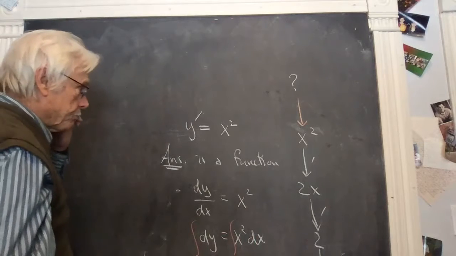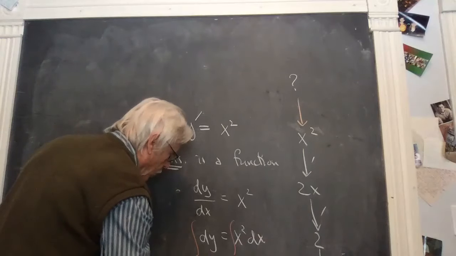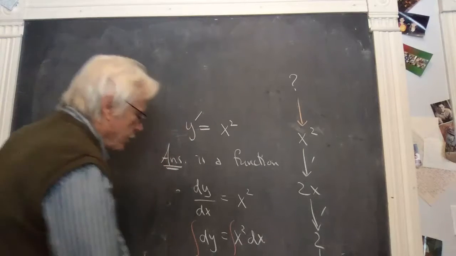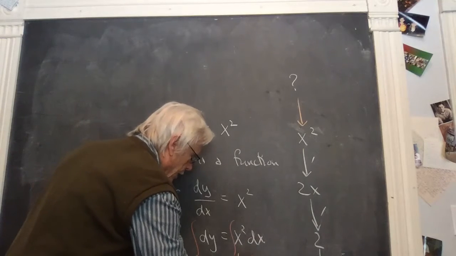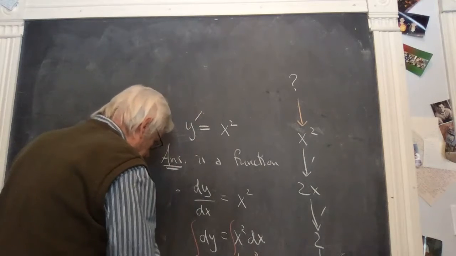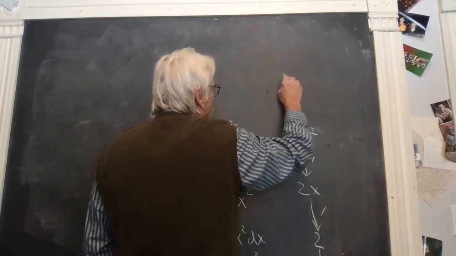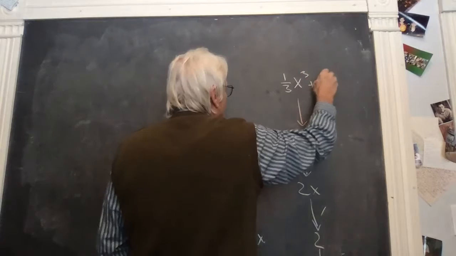If you do, on the left-hand side, you get y. On the right-hand side, you get 1/3 x cubed plus a constant. And that is the answer to the question. 1/3 x cubed plus a constant.